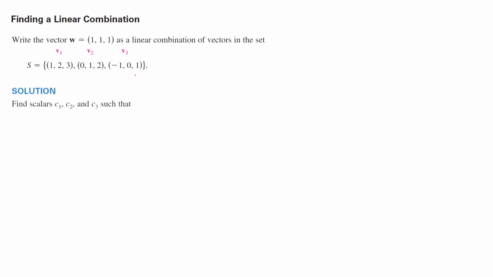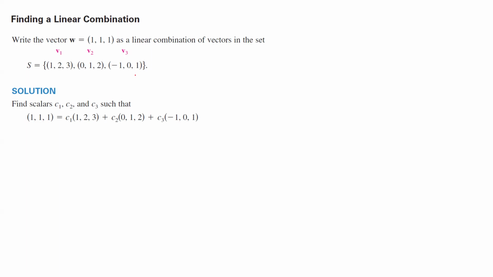So let us begin. Our goal is to find those scalars C1, C2, C3 such that W = (1, 1, 1) can be written as C1 times V1 plus C2 times V2 plus C3 times V3.